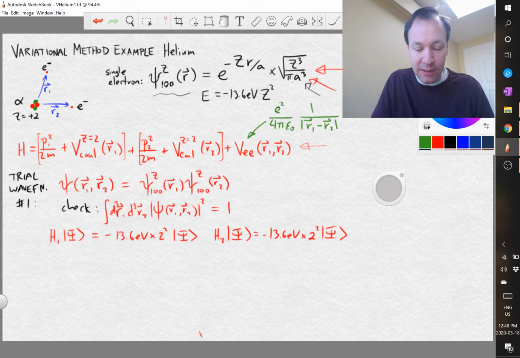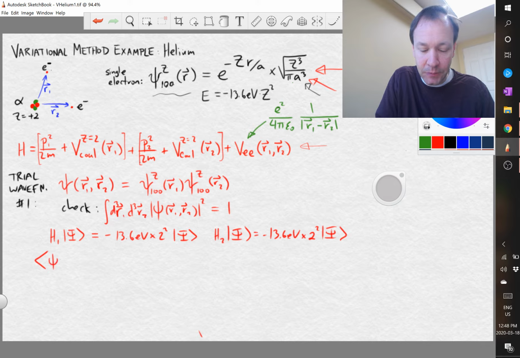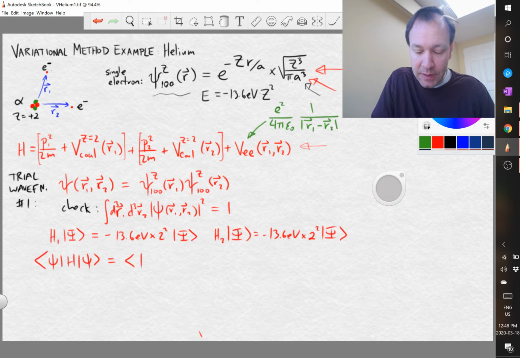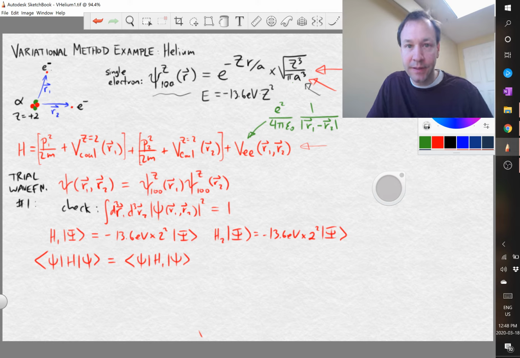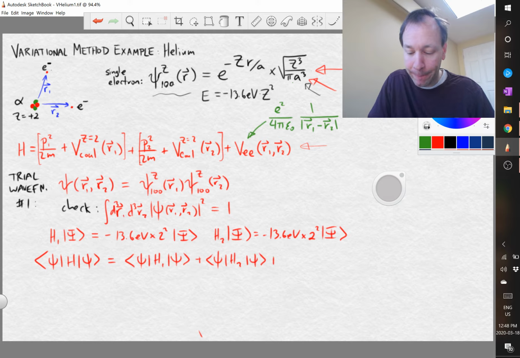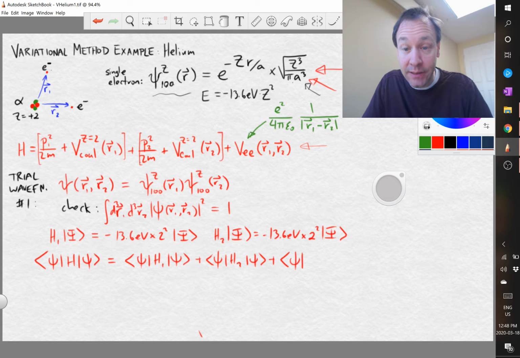But now we have interactions, and so we want to calculate the expectation value of H in our state. That's going to be the expectation value of H1 plus the expectation value of H2 plus the expectation value of this potential term, V_EE of r1 and r2.